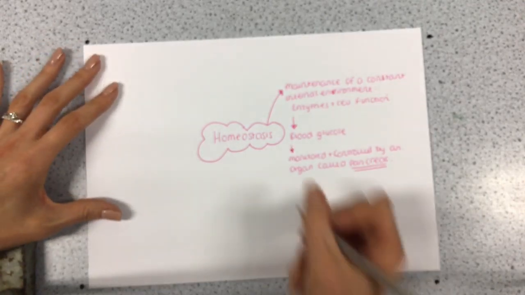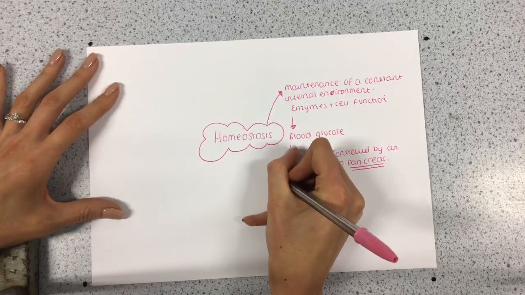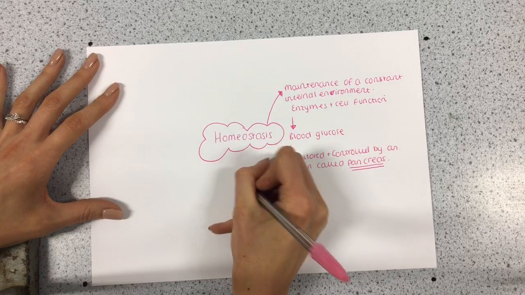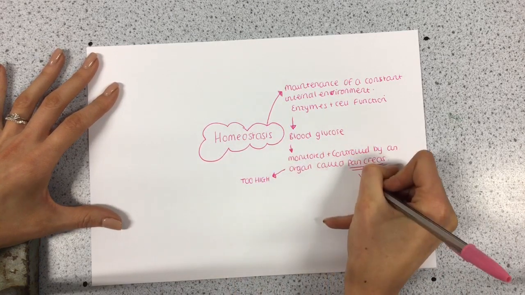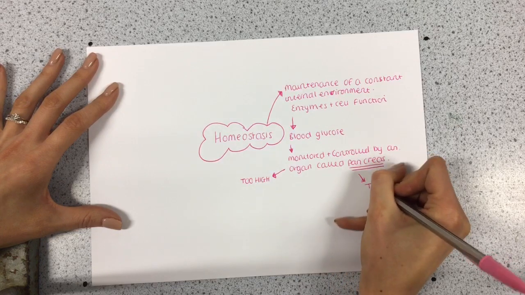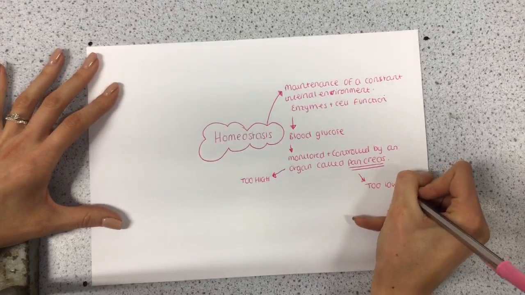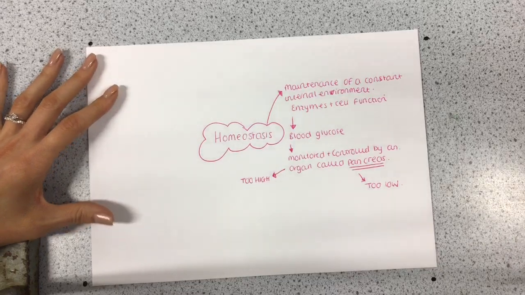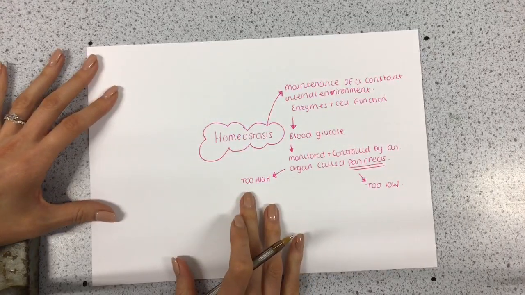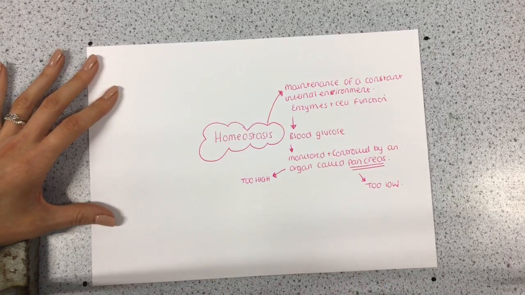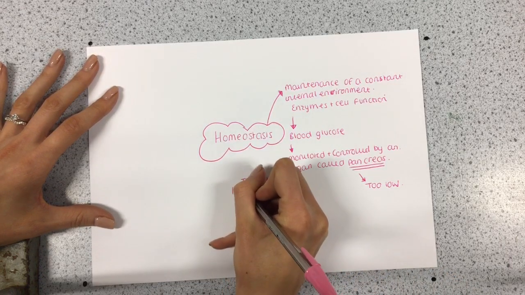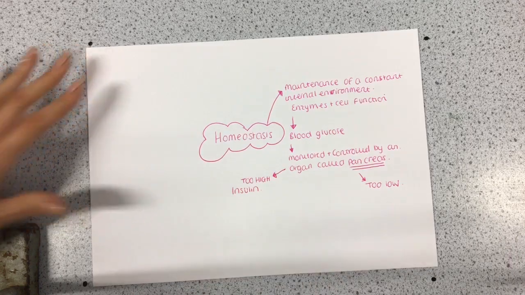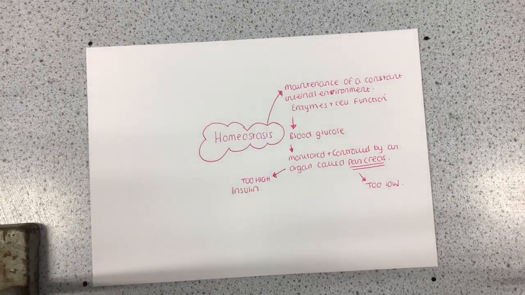Now, we need to know what happens within our body if blood glucose levels become too high or drop too low. The first one we'll look at is what happens when it gets too high. The hormone which the pancreas releases is called insulin, and we need to know what insulin's role is within the body.